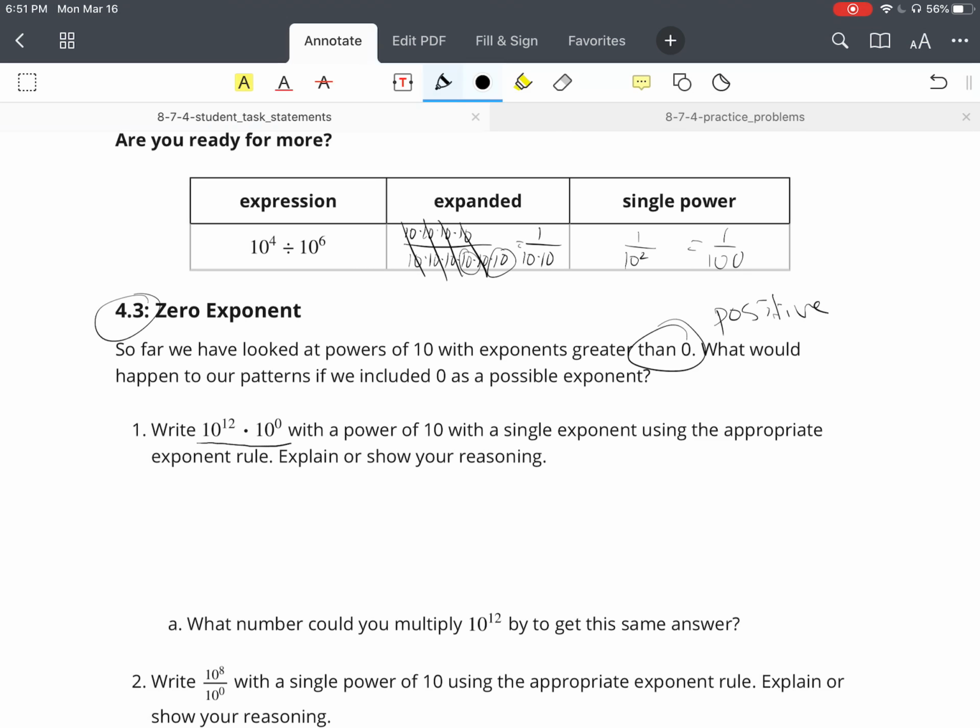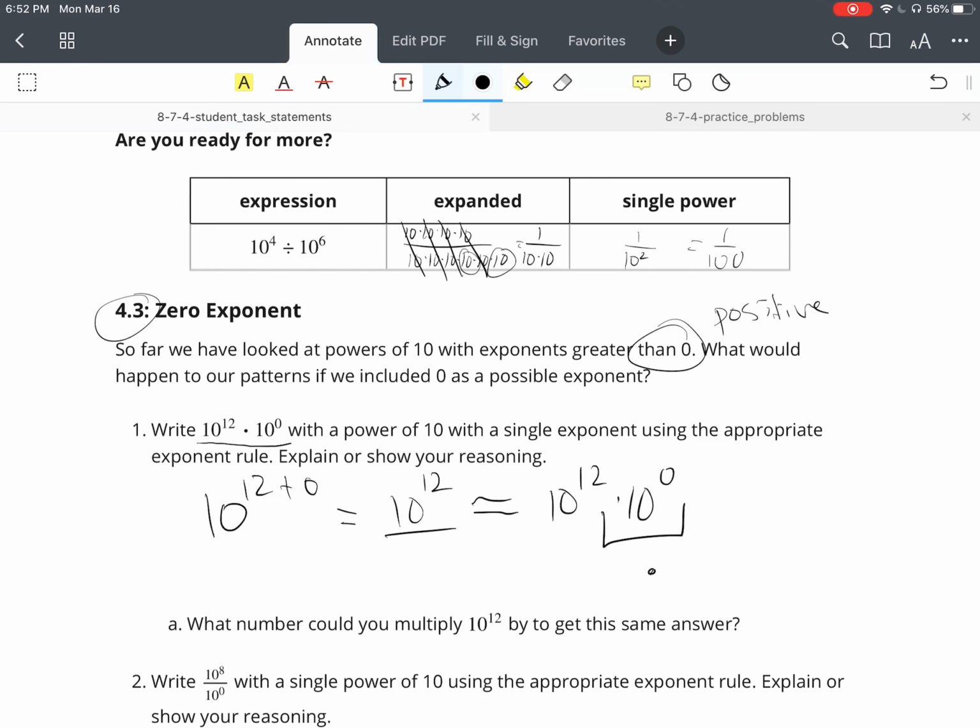Explain or show your reasoning. Well, the exponent rule here is we're going to be adding since we're multiplying. So 10 to the 12 plus 0 is 10 to the 12. Which means 10 to the 12 is the same thing as 10 to the 12 times 10 to the 0.